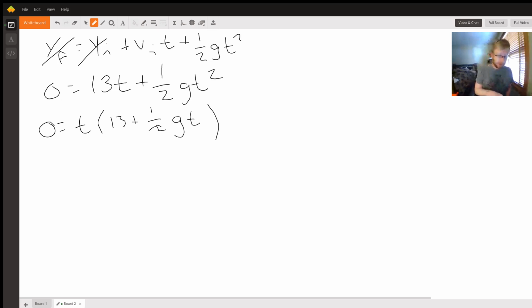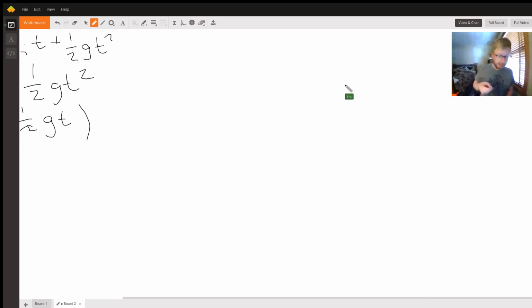So we know that at time 0, when she first throws the broom, it's going to be at ground level. What we're more concerned about is what's in the parentheses, and that's what's going to give us the time it was in the air. So we have 0 is equal to 13 plus 1/2 gt.